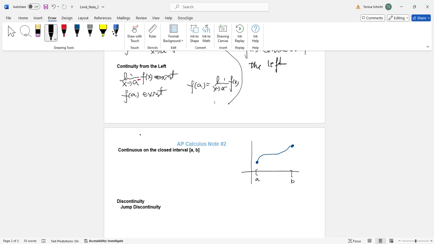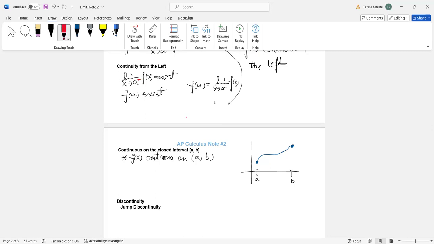Continuous on the closed interval means f of x should be continuous at every point on the open interval (a, b).